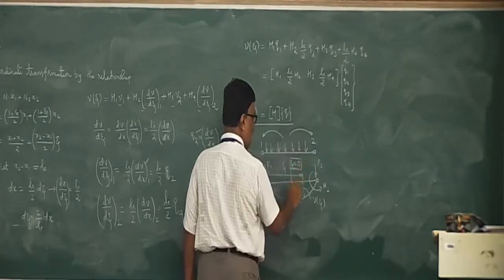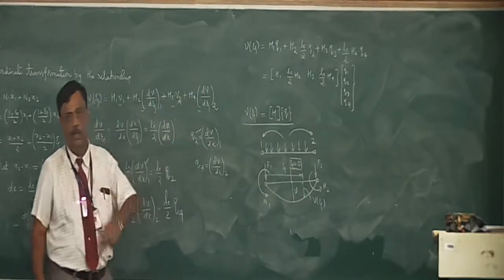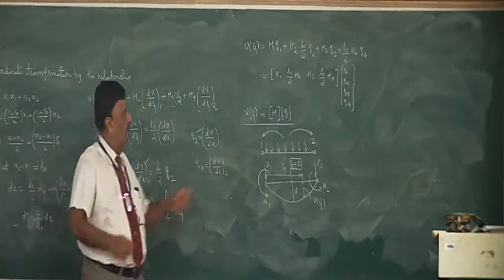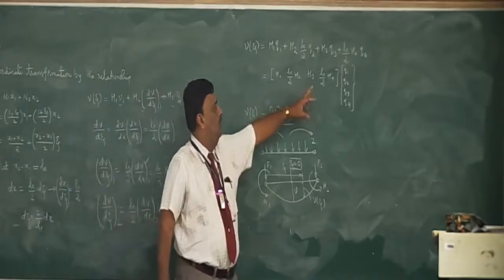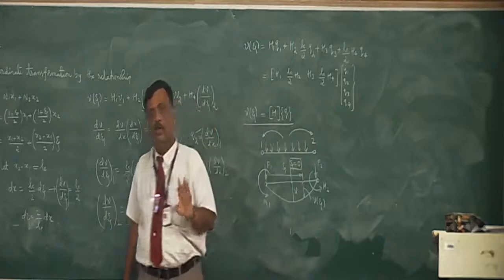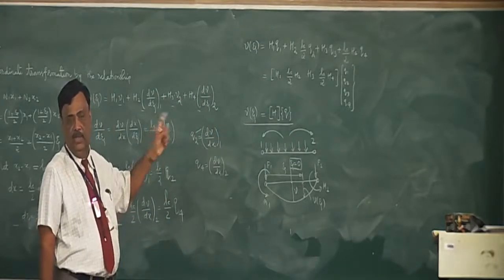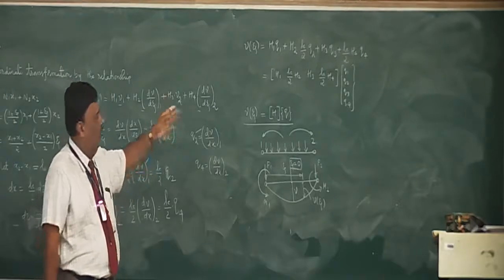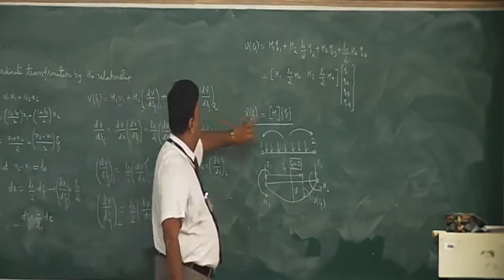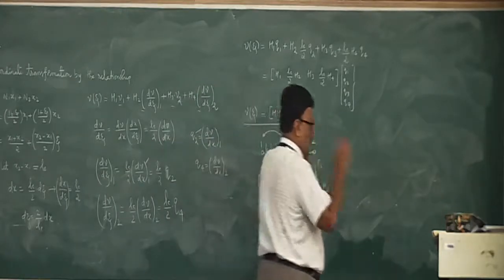So simply you substitute zeta equal to 0 in all these equations. You know that h1, h2, h3, h4 all are functions of zeta. I have already shown you 2 minus 3 zeta plus zeta cube, 1/4 and all that.